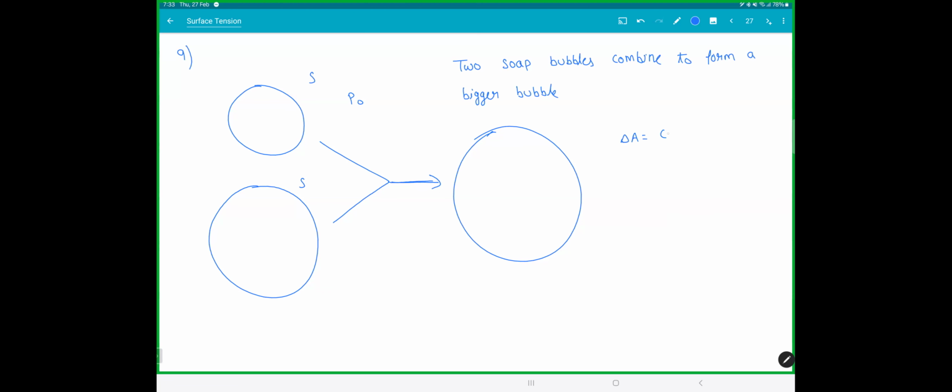Delta A is change in surface area. So when these bubbles combine, the surface area final minus initial area is delta A. Delta V is change in volume.